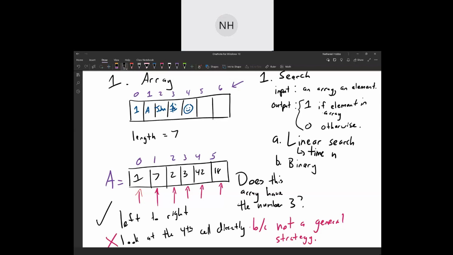Can a binary search work on anything that a linear search can work on? Well, it probably could, but it probably just makes it easier when you have a larger array.